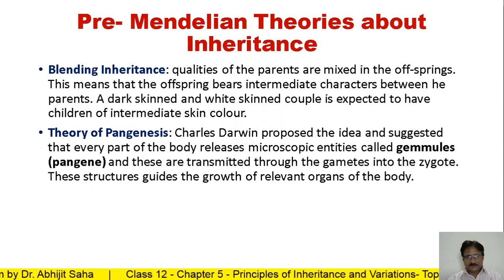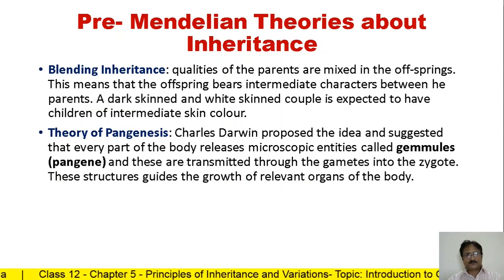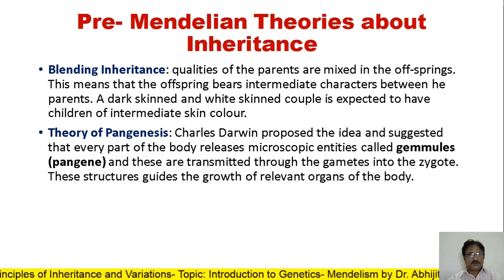In blending, the father's and the mother's characters pass to the offspring, which now bears a mixture of the two characters. For example, if one parent is dark skinned and the other is white skinned, then the offspring is supposed to be intermediate between the dark skinned and the white skinned. This is blending inheritance.